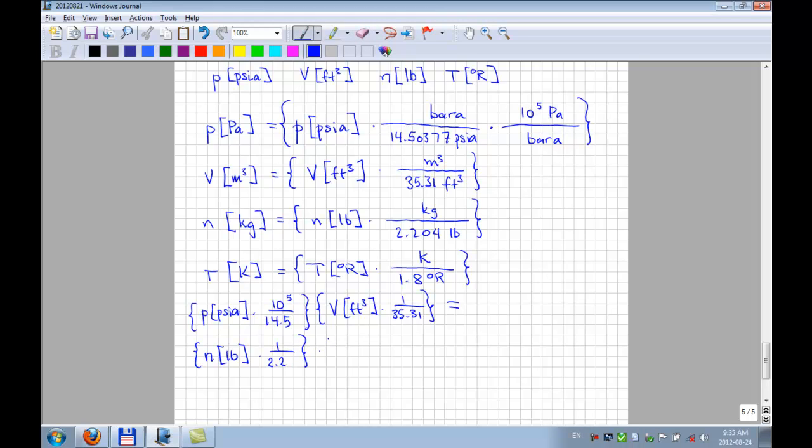And then we've got the temperature, which we're going to input in Rankine instead of Kelvin, with this 1.8 conversion, degrees Rankine per Kelvin.